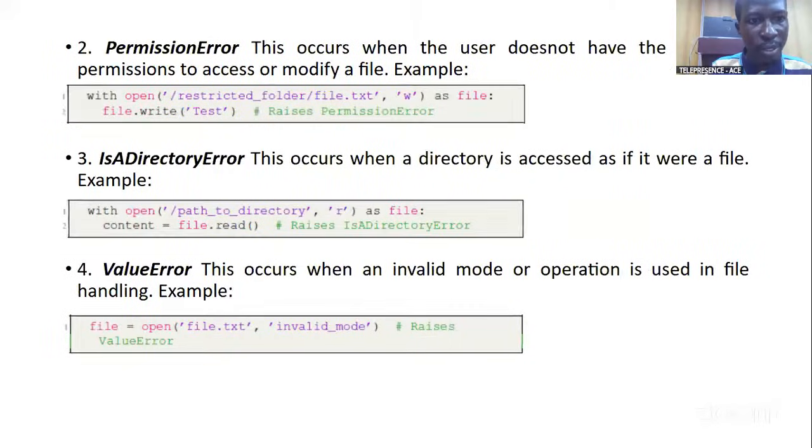Another error is the permission error. This occurs when the user does not have the required permission to access or modify a particular file. Is a directory error occurs when a directory is accessed as if it were a file. Another one is value error. This occurs when an invalid mode or operation is used in file handling.